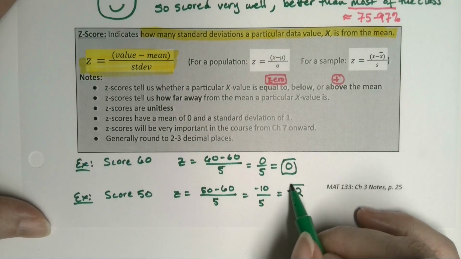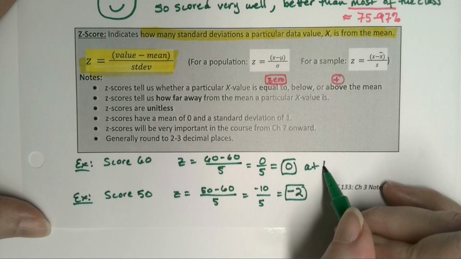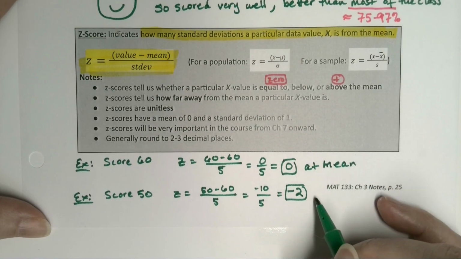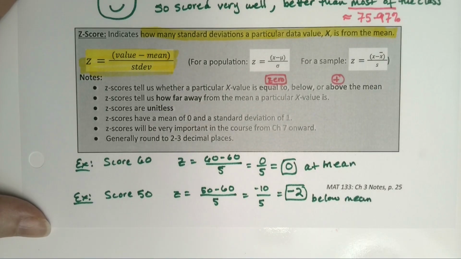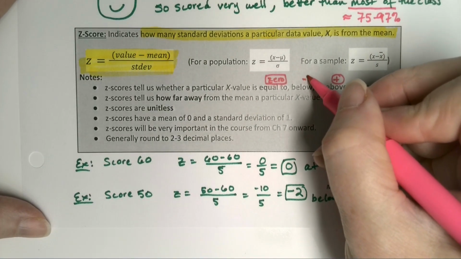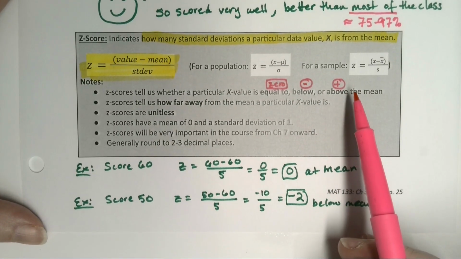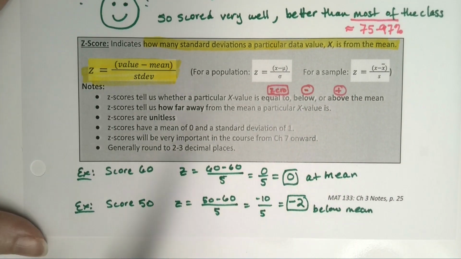So this is if you're at the mean, and this is if you're below the mean. So any value below the mean will be negative. Any value above the mean will be positive. Any value that is the mean will be 0, right? Because it's telling you how far away your x value is from the mean.